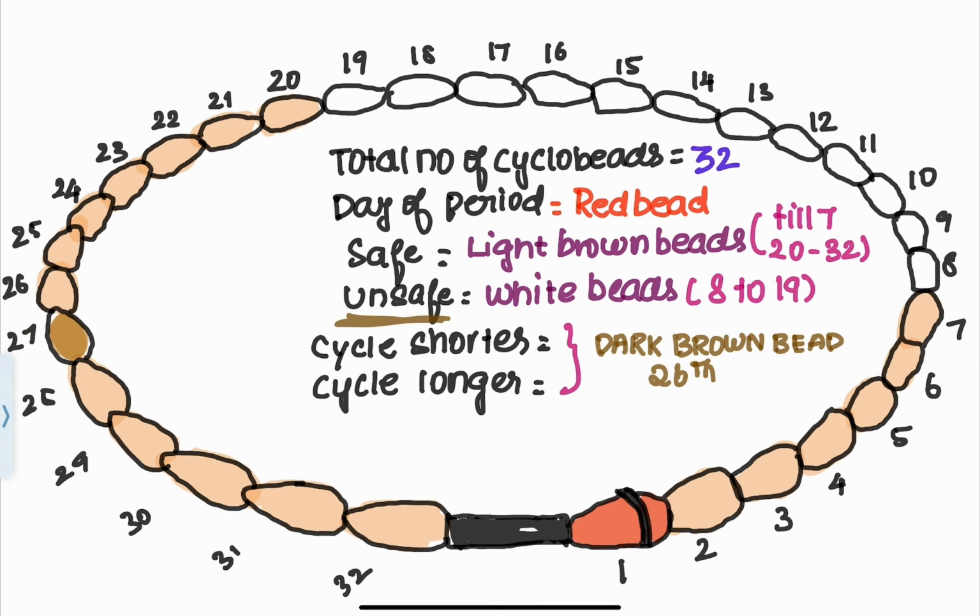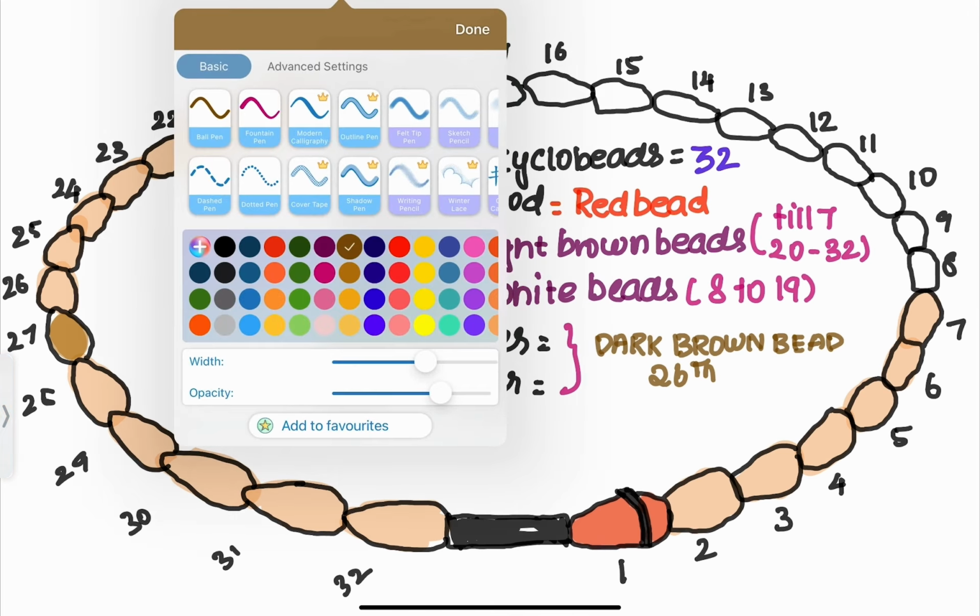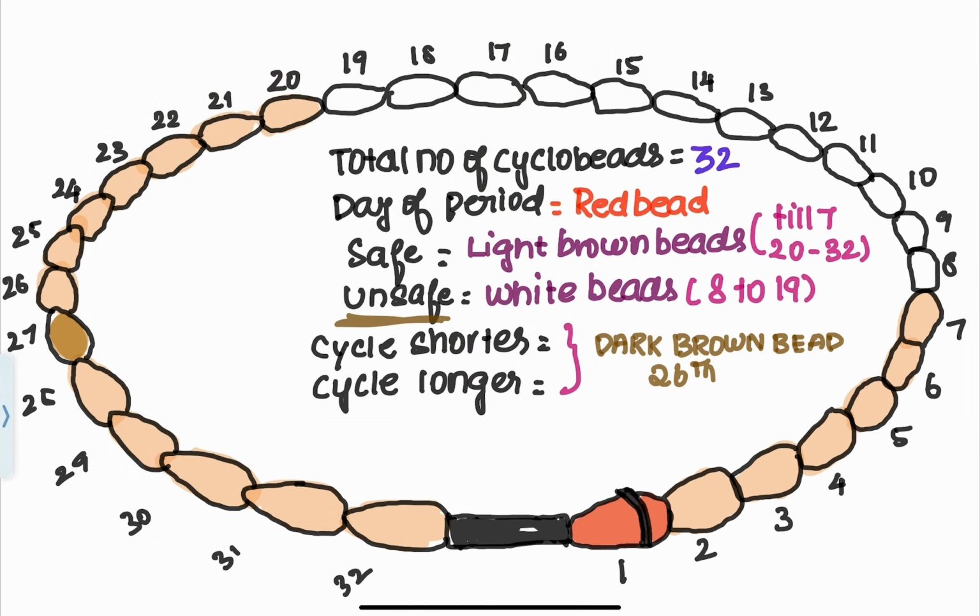If the female menstruates sooner, before the 27th cyclobead, let me show you here. Let's say for example she menstruates on the 25th cyclobead.